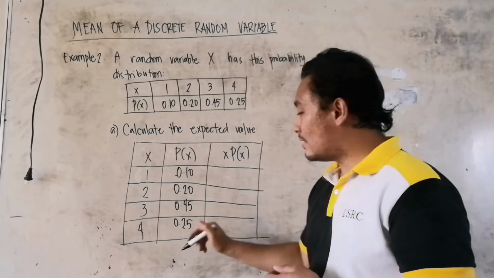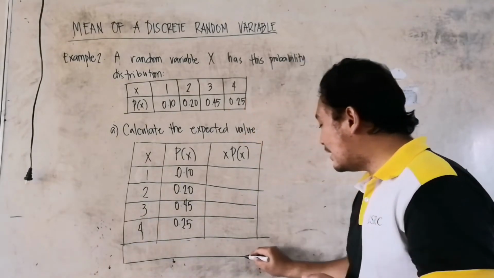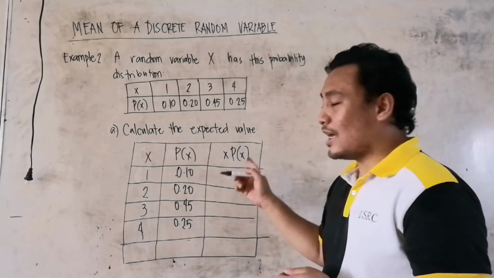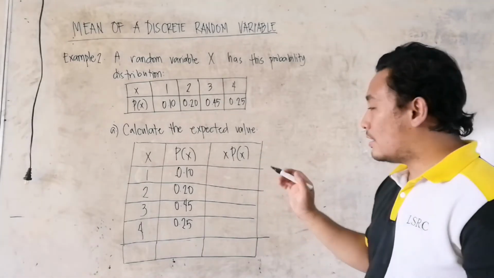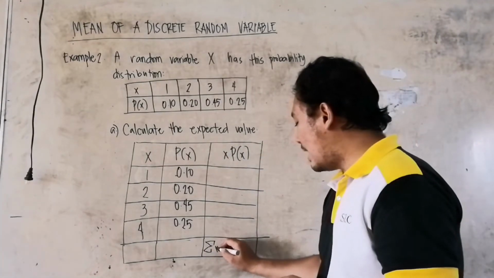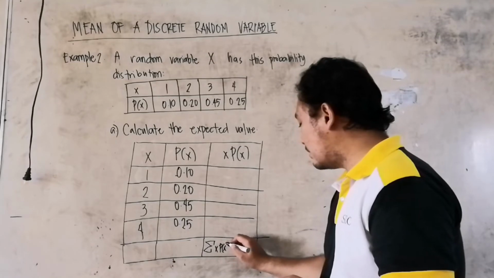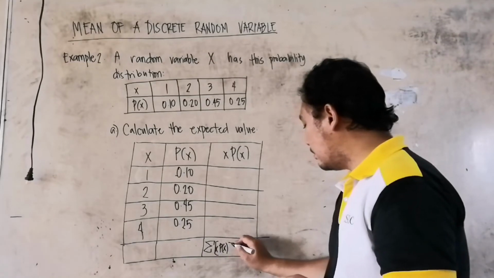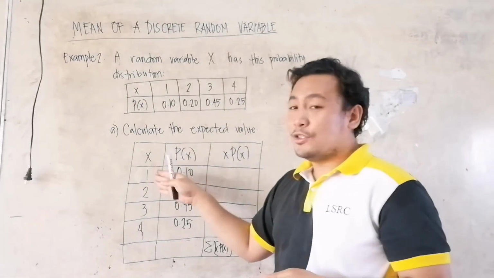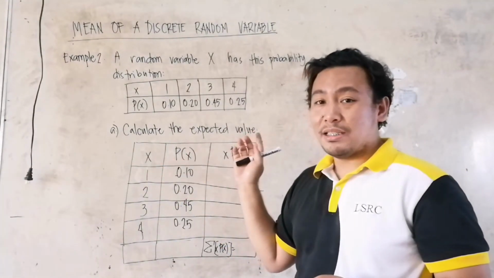And then, let's add another row. Where dito sa row na to, dito natin ilalagay yung summation ng x multiplied by the probability. So we have the summation of x p of x. So now, after this, we have to multiply yung value ng x natin with the probability.